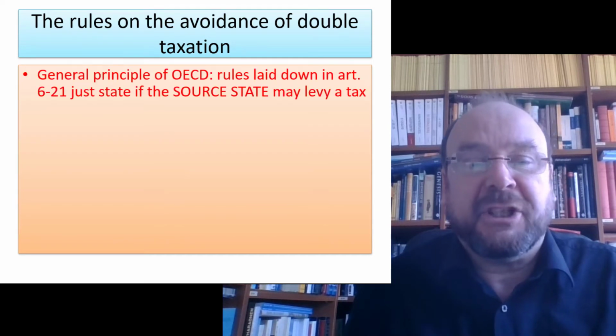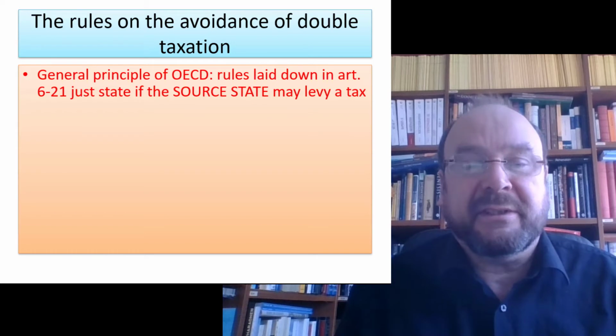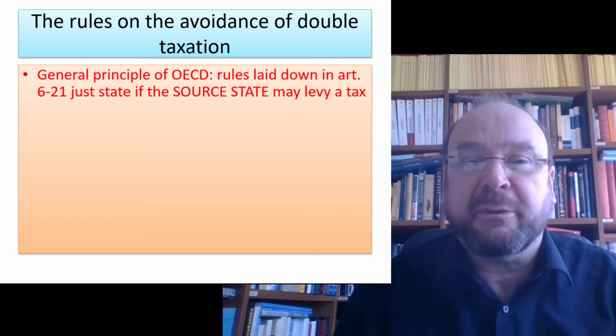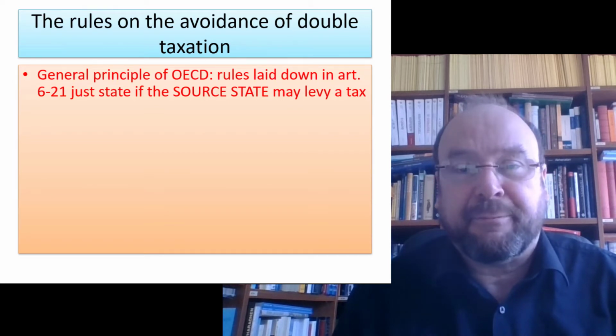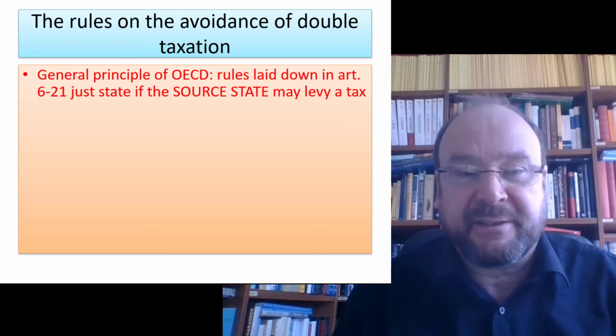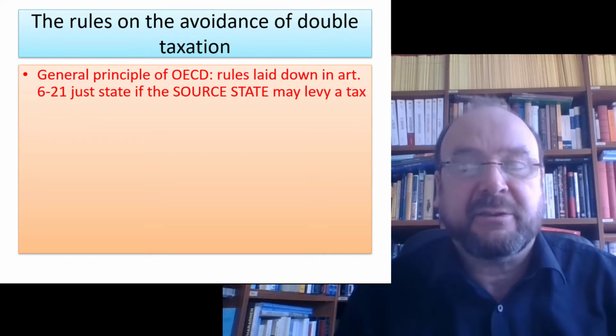You know that the general principle of the OECD Treaty is that the rules laid down in Articles 6 to 21 just state if the source state may levy a tax. So the OECD supposes that the state of residence will always tax the worldwide income. By the way, that's secured by definition.